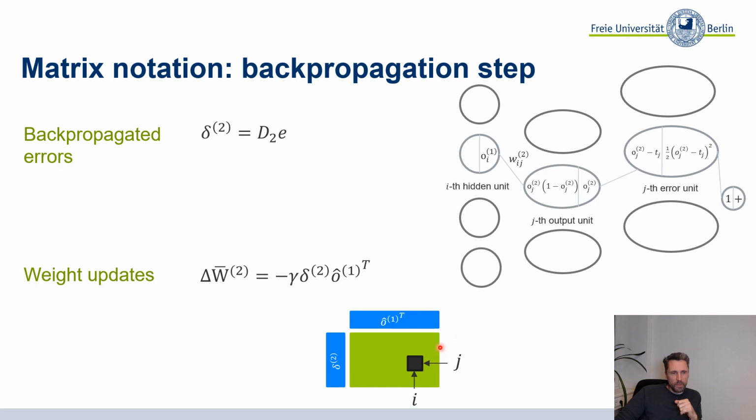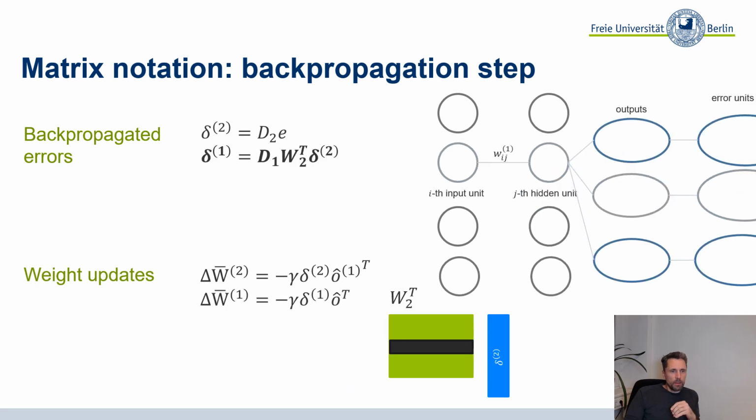Since we have a matrix of weights between those two layers, this product is a matrix, and as discussed before, we need to negate this. So take the negative of this gradient and scale it by something that's notated as gamma here. That's the learning rate.